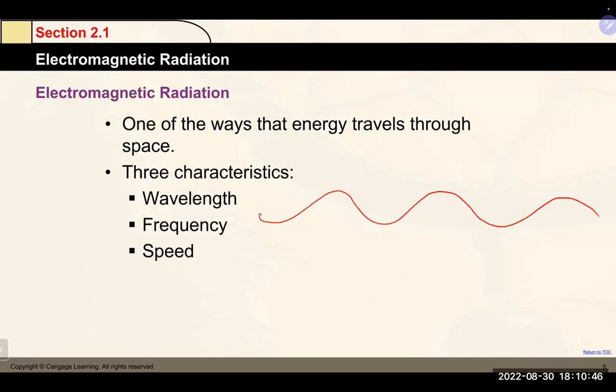The wavelength is usually from one crest to the next, or trough to trough, if you will, and is usually symbolized by the lambda symbol. For the most part, wavelengths are given in meters and nanometers. Sometimes centimeters pop in there, but most of the time meters and nanometers are very common units of wavelength.